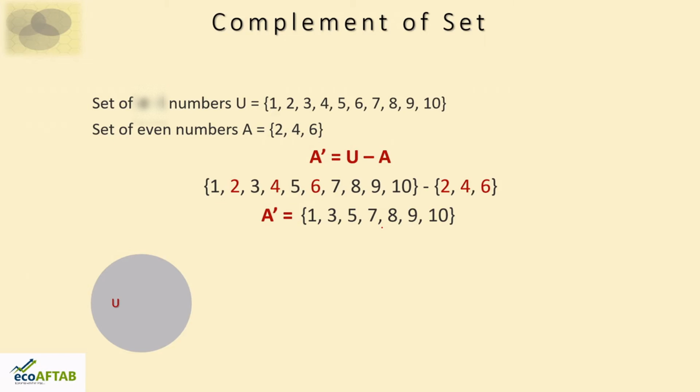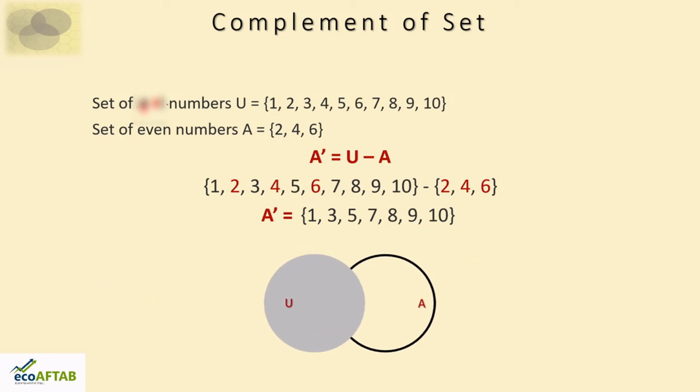Universal set U, set A. Set A is a subset of U, as in the Venn diagram.